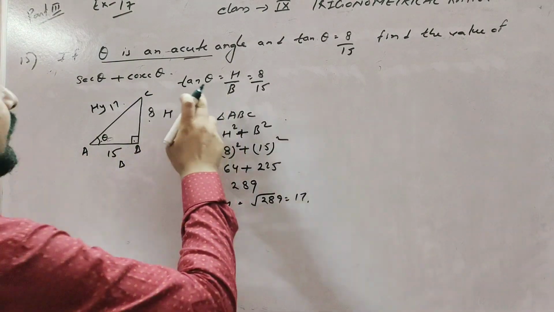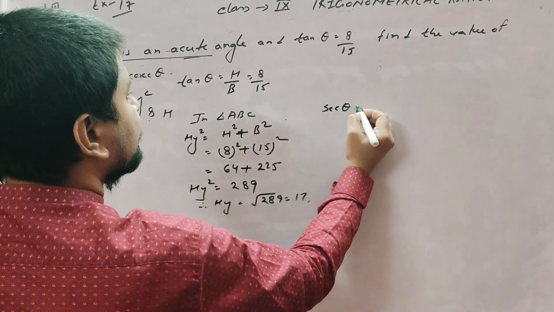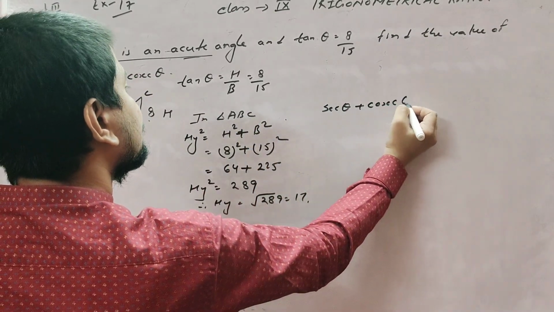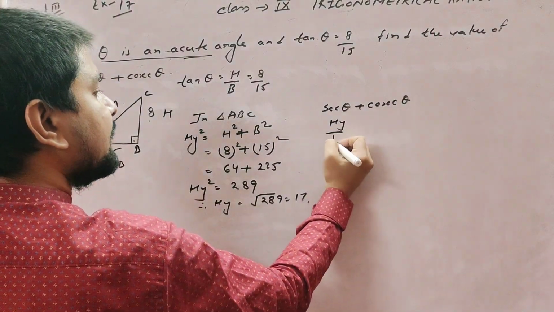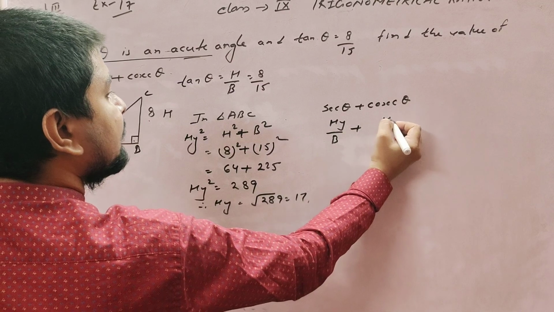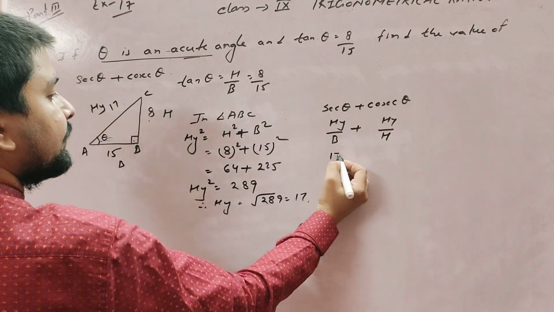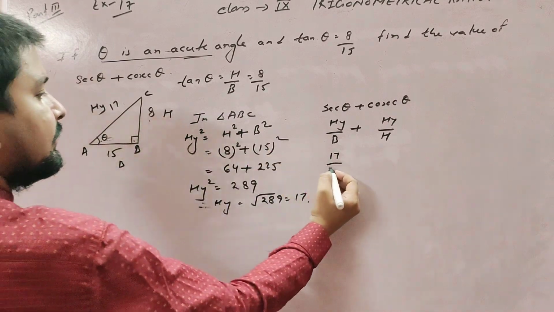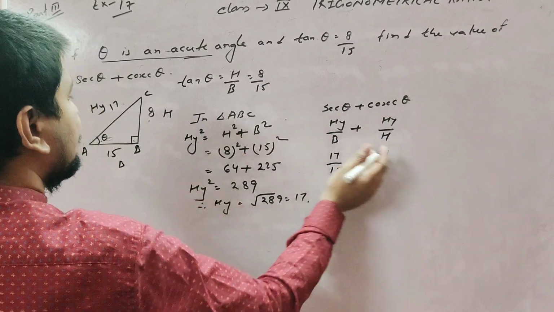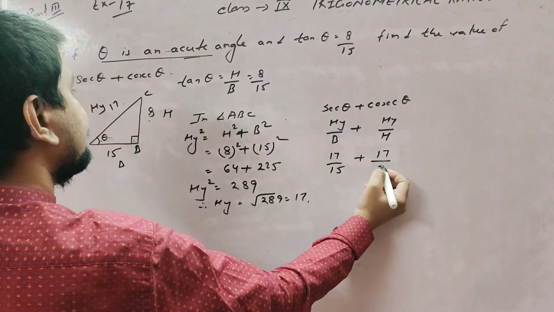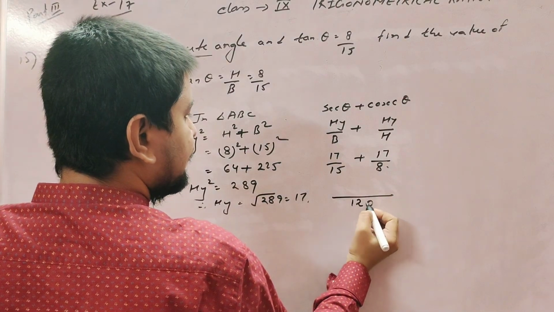Done. Find the value of sec theta plus cosec theta. So sec theta formula we know that very well, that is hypotenuse by base, and cosec theta is hypotenuse by height. So hypotenuse is 17 and base is 15. Again hypotenuse is 17 and height is 8. Okay, that is LCM is 120.